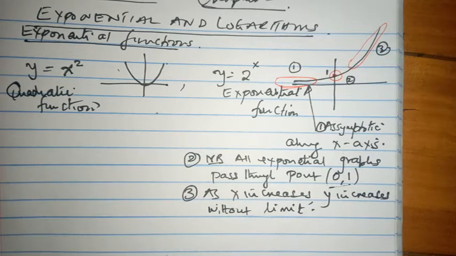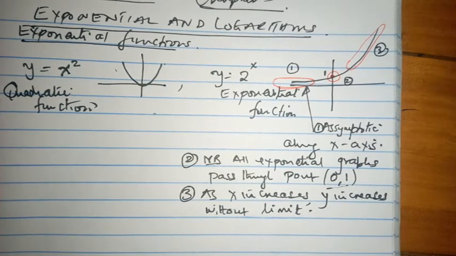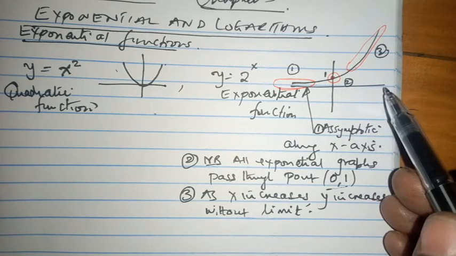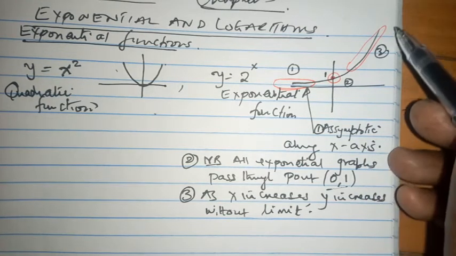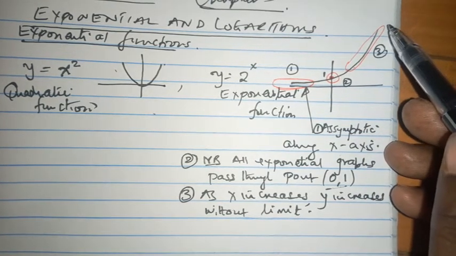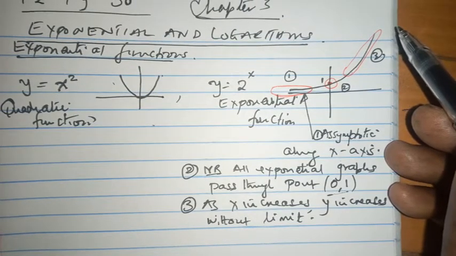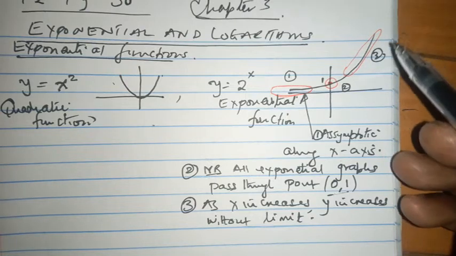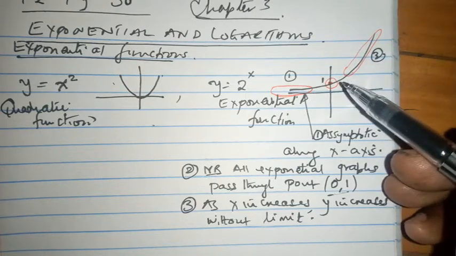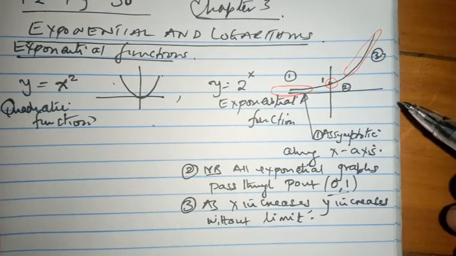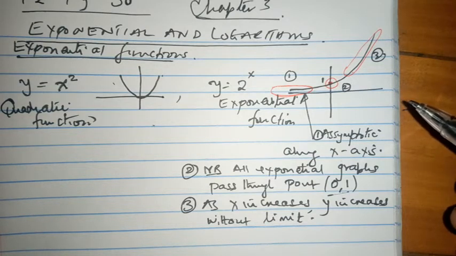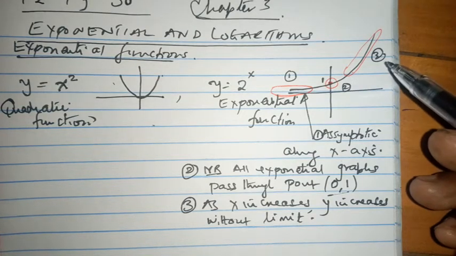And that is to say that as x increases, y increases exponentially, and that is the meaning of the word exponential, because exponential in this particular case can mean uncontrollable change or limitless change.